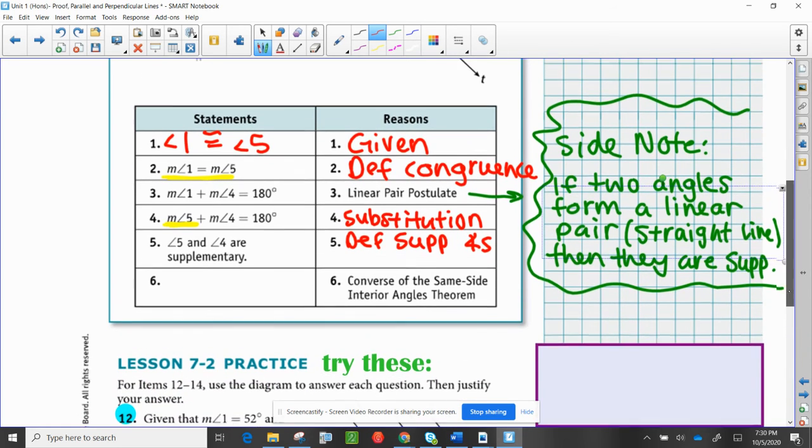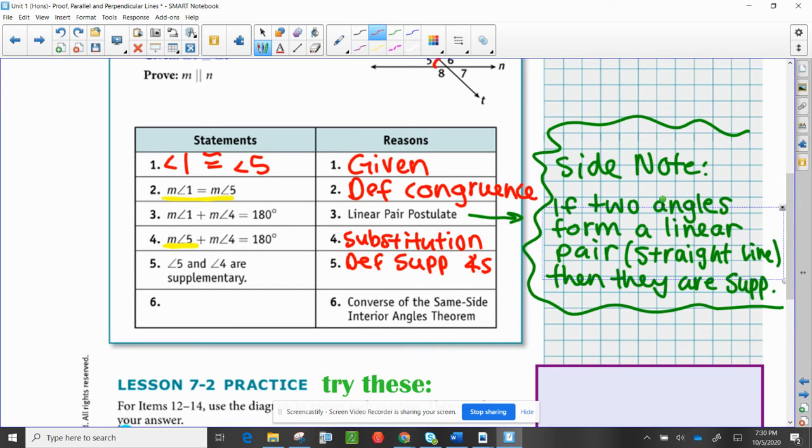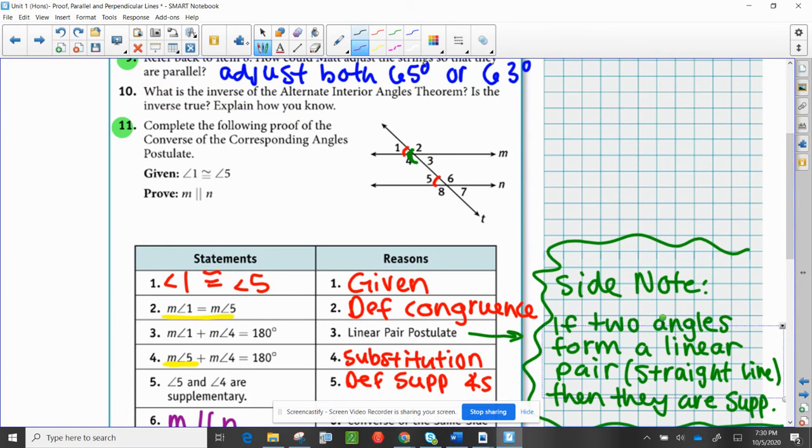So then we proved our statement there, because we can say that M is parallel to N because angle 5 and angle 4, if we look at those in our picture, let me erase all this other stuff. Angle 5 and angle 4.